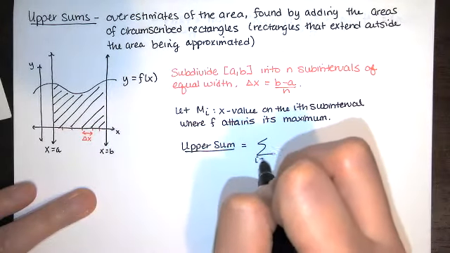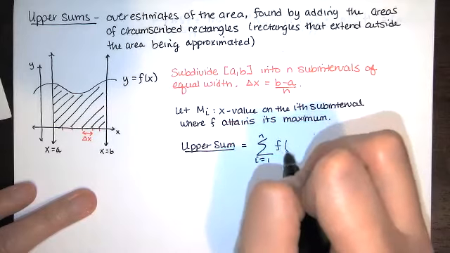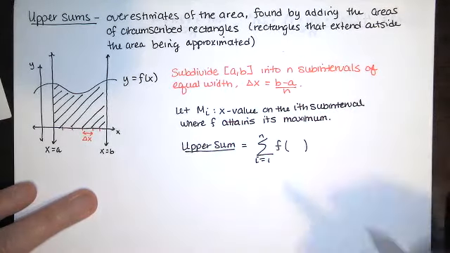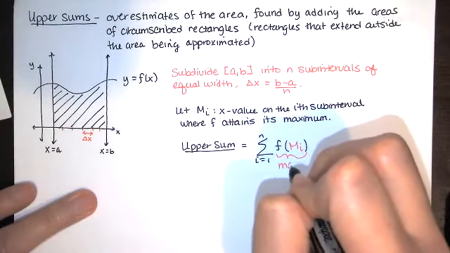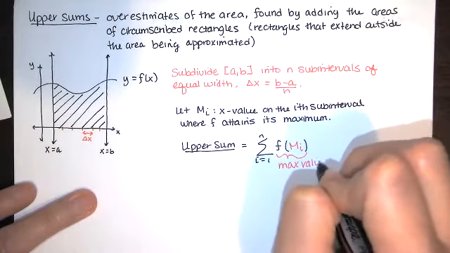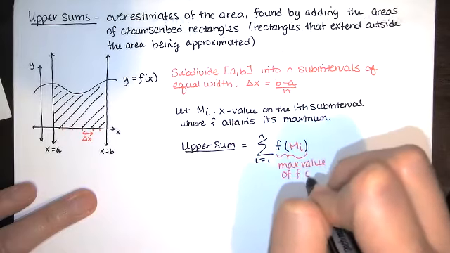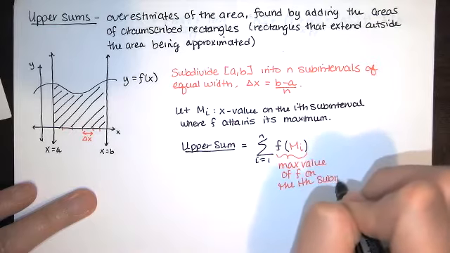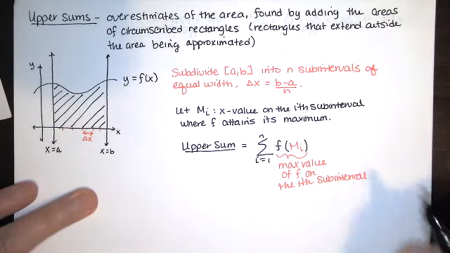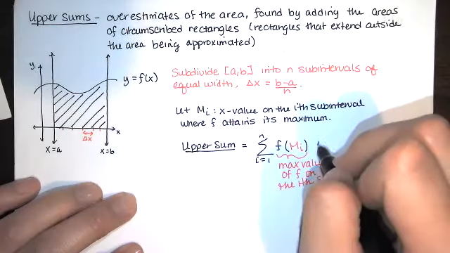It's the sum as i goes from 1 to n of f evaluated at those m sub i. So this is the maximum value of f on the ith subinterval. And we multiply it by delta x.